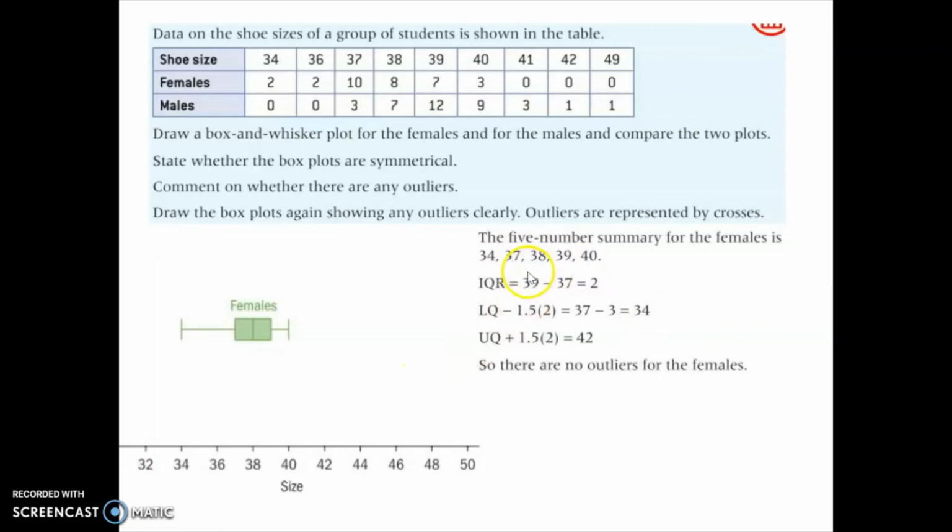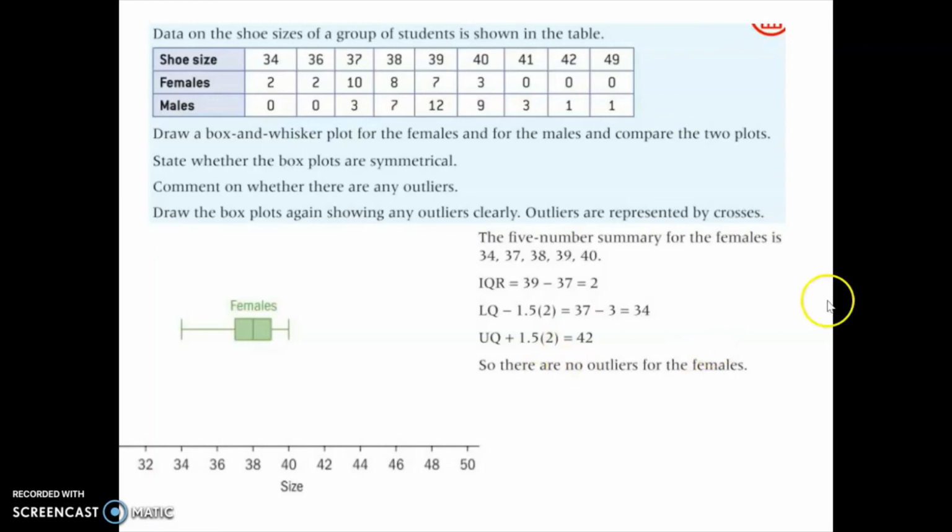Once you have that, you can find the IQR by doing Q3 minus Q1 right here to get an IQR of 2. Once you have the IQR, you multiply by 1.5 to help you find the outliers, right? So 1.5 times 2 is 3. So you go 3 below Q1 and 3 above Q3 to figure out where your borders are for outliers.